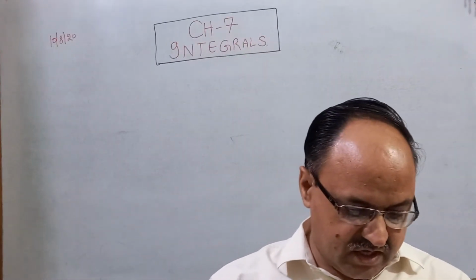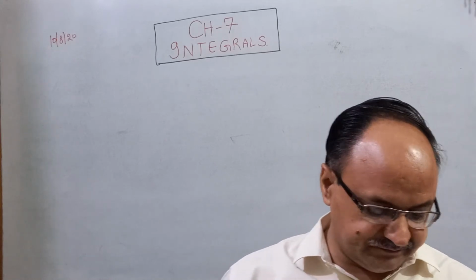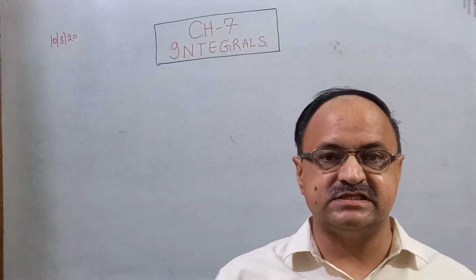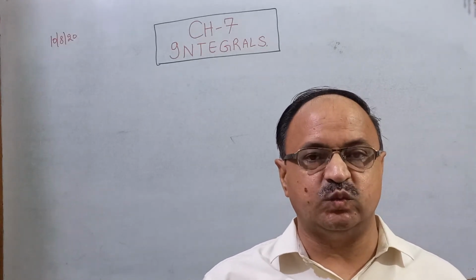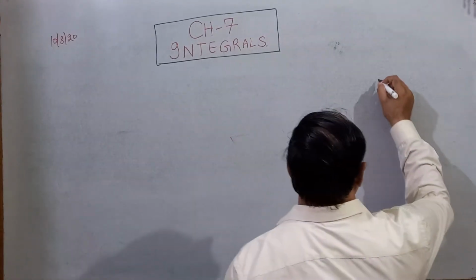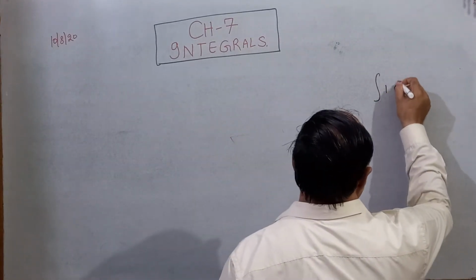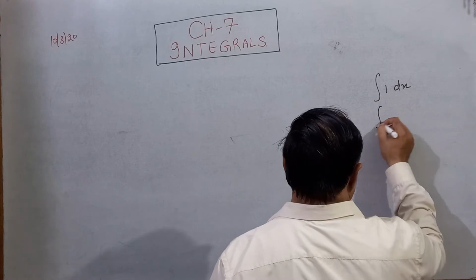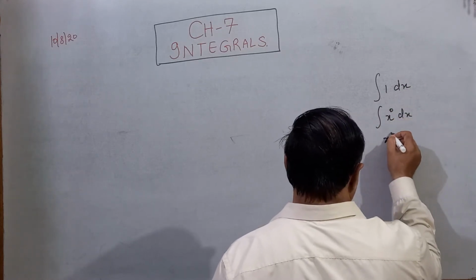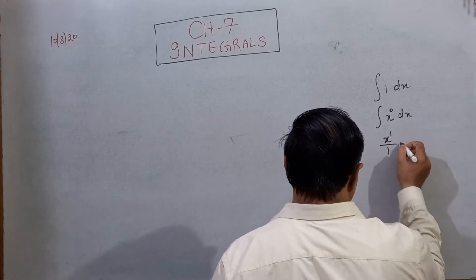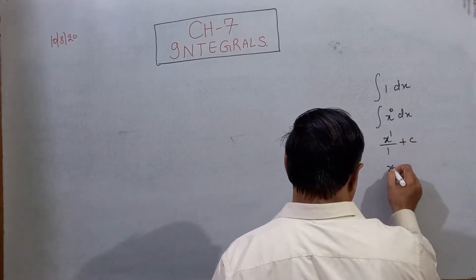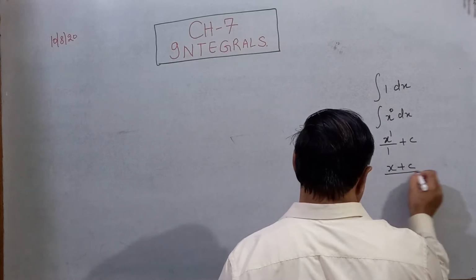Clear? And you know the formula, integration of x is x square by 2, correct? And the integration of 1, any constant term: 1 you can write as x to the power 0, so the integration is x to the power 1 upon 1, that is x plus c.